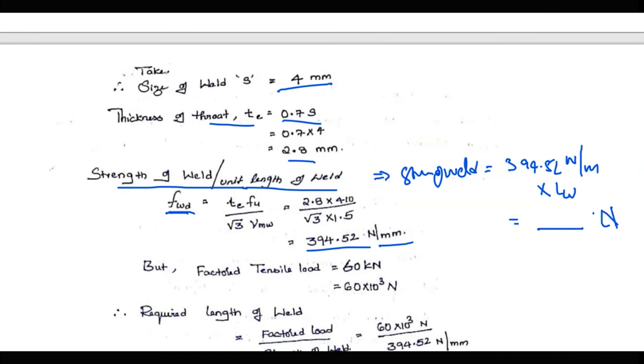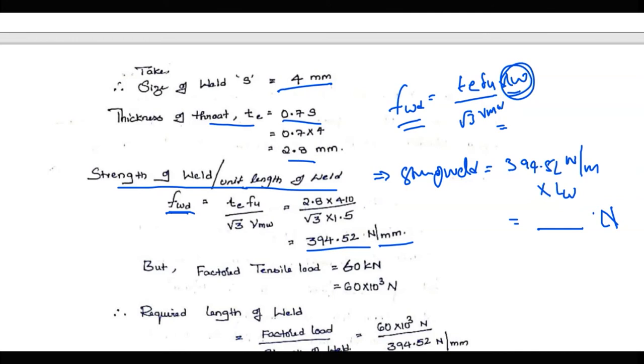But here we are trying to find out the strength of the weld per unit length of the weld, because you don't know what is the length of the weld L_w to multiply with this. Actually the F_wd value is f_u divided by root 3 gamma_mw into L_w. So since we do not know this, we are getting the strength of the weld per unit length.